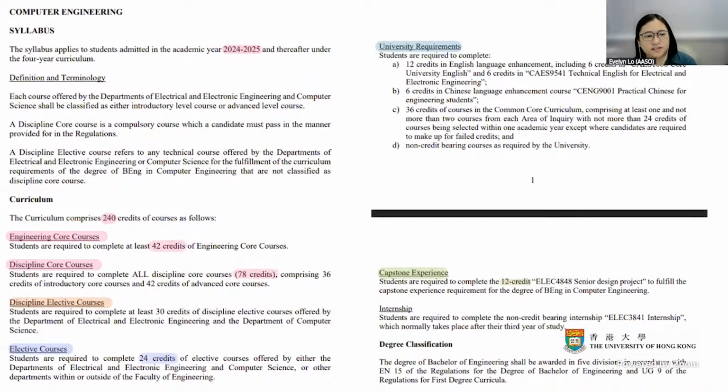You do 42 credits of engineering core, 78 credits for the disciplinary core, and only 24 credits for free electives for computer engineering, meaning it's not enough for another major, but you could do another minor with some overloading. Note that for computer engineering, there's also something called the internship. It's non-credit bearing. So you should always refer to your own syllabus to see if there are any additional or specific requirements for your own faculty and curriculum.